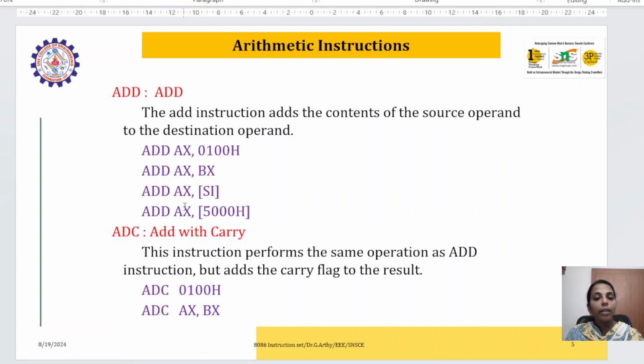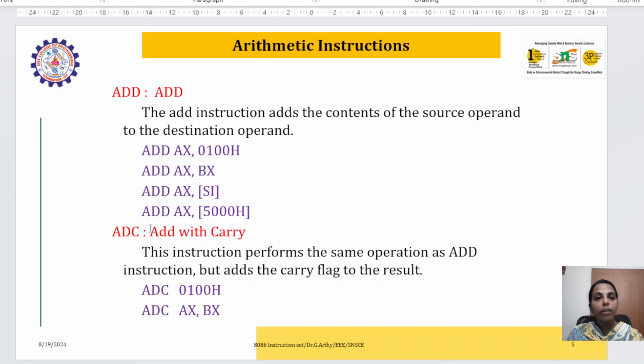So the operands can be immediate addressing, register addressing, index addressing, direct addressing, or indirect addressing. Any kind of addressing mode can be used to perform the addition operation. This is a normal addition without any carry.